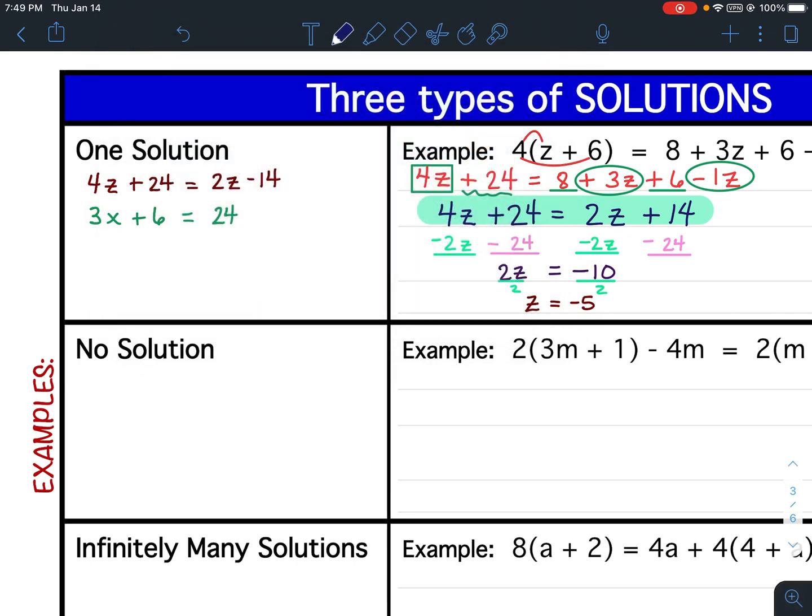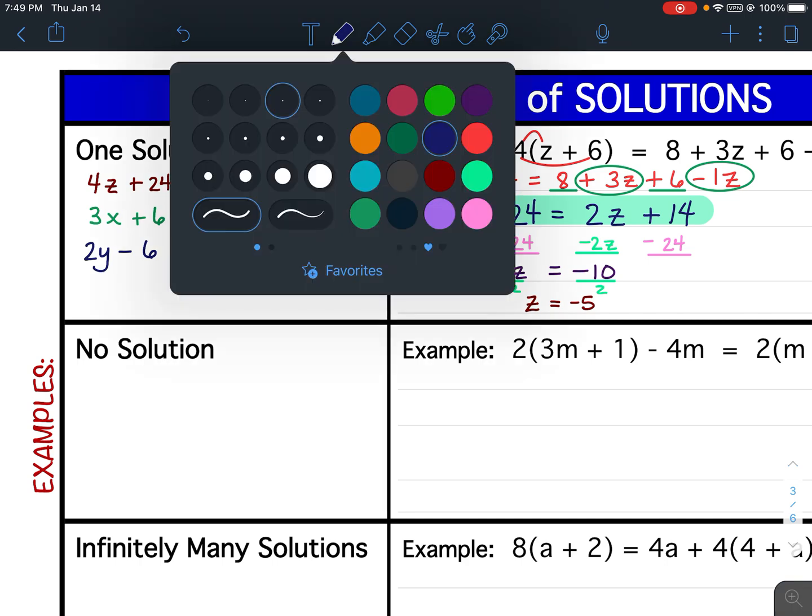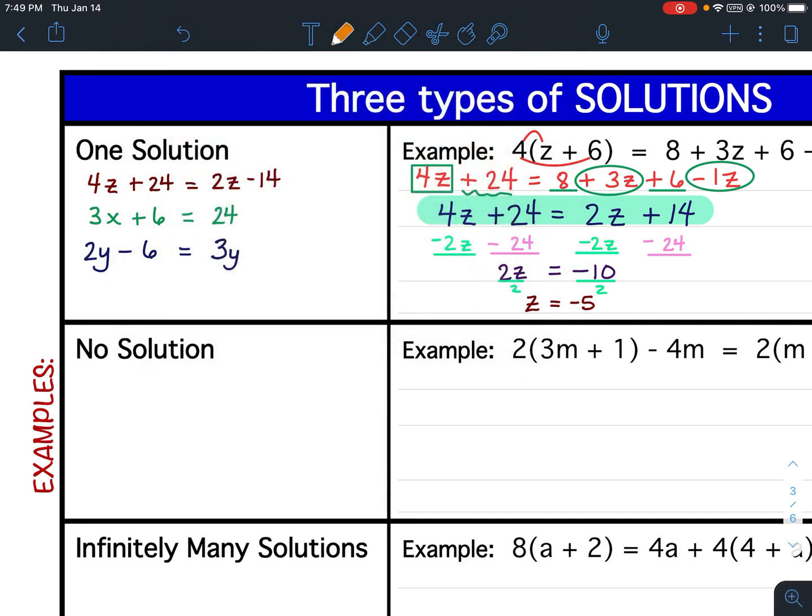Another example might be 2y minus 6 equals 3y. I'll just leave it like that. 2y minus 6 equals 3y. Or if you accidentally keep going farther and simplify it farther, then you might have x equals 3.